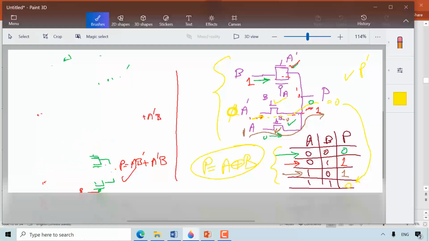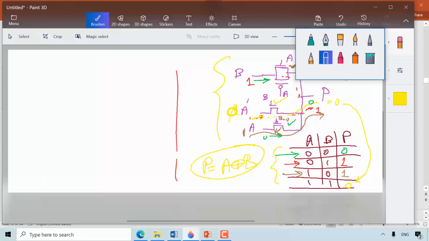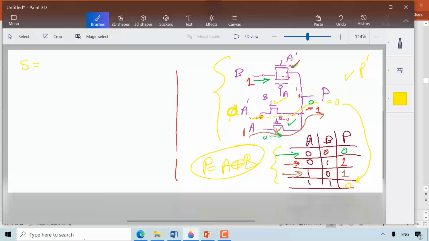As we said in the previous slide, or a previous whiteboard, before I erase it, you have here the sum equals A exclusive or B exclusive or C. What we did, we agreed, we said let's name this as P. So this is equal to P exclusive or C, which equals P prime C or P C prime.